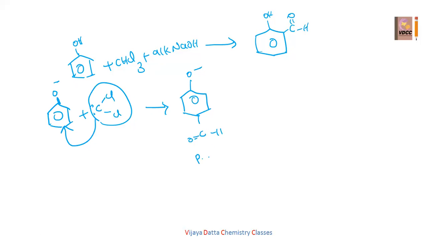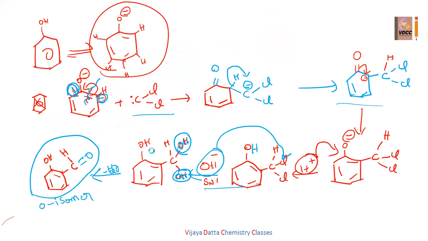This is called the para isomer. So if the carbene attacks through the ortho position, you get the ortho isomer. If it attacks at the para position, then it forms the para isomer. That is the reaction we studied in the beginning.